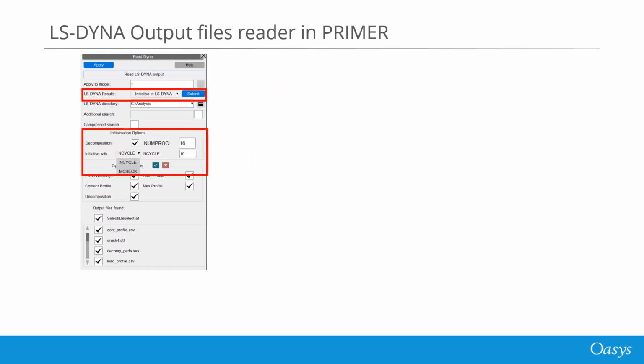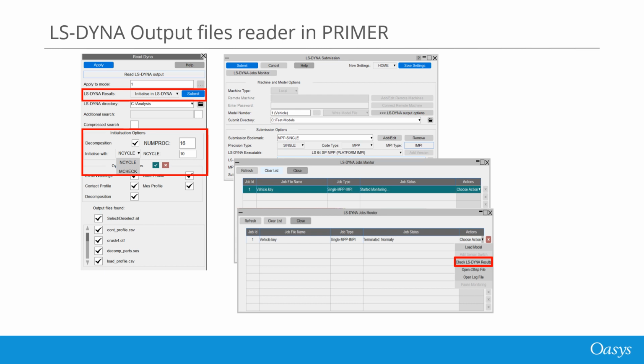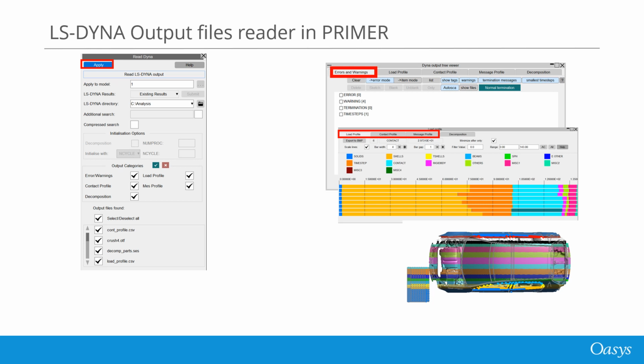The LS-DYNA job monitor also tells Primer when the job submission is finished. So you can also open the results directly from the job monitor panel as well. After the LS-DYNA directory is populated, these output files will be listed and automatically selected for viewing in the tree view.